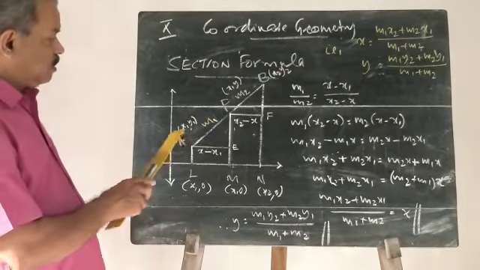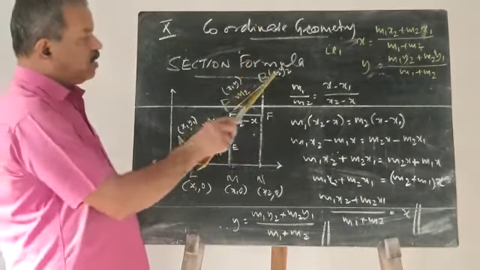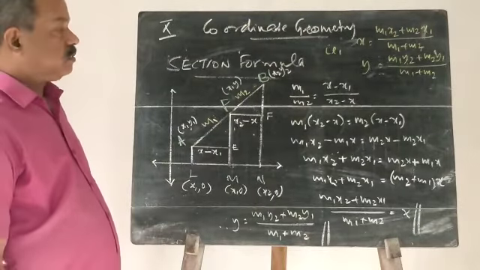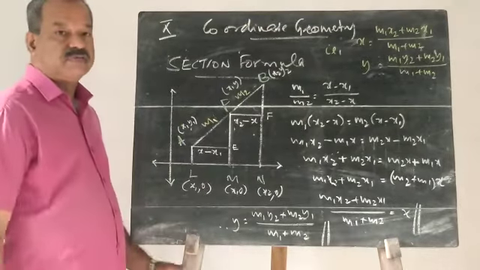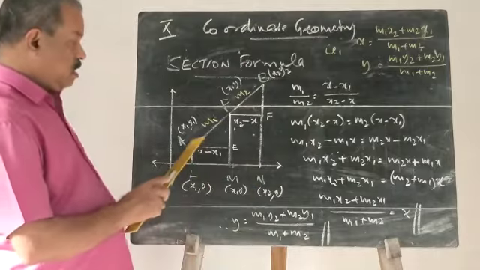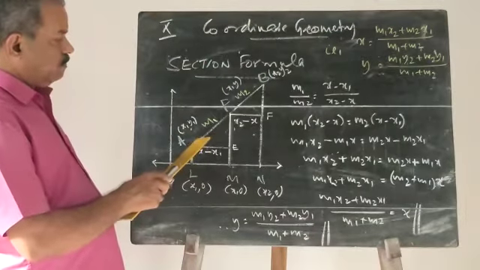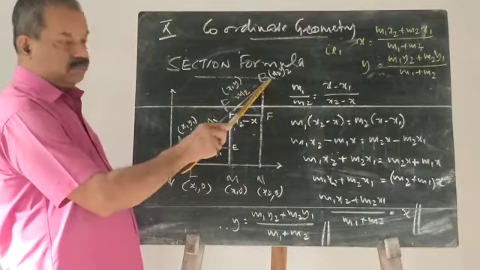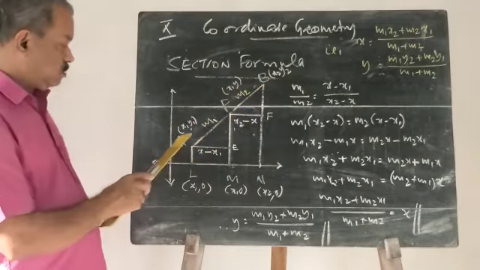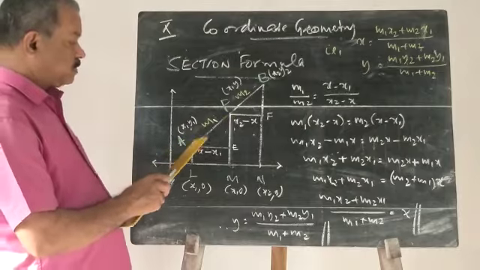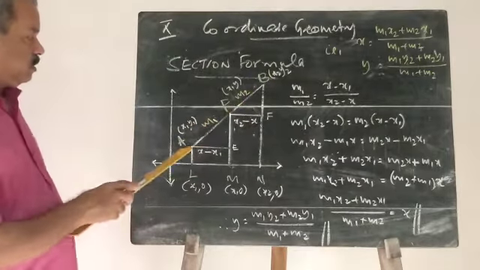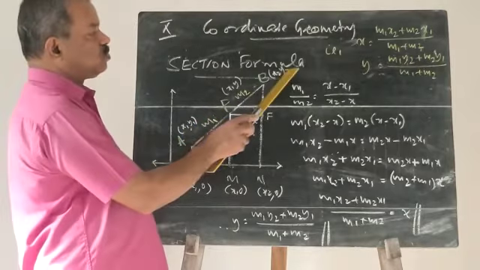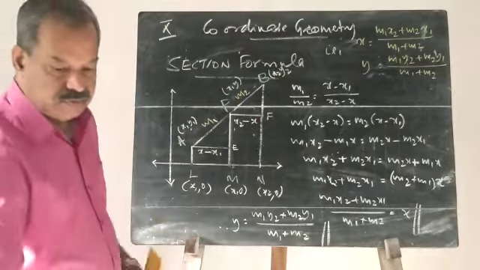In the distance formula we find the distance between A and B: AB is equal to the root of (x2 minus x1) the whole square plus (y1 minus y2) the whole square. Here we are going to find the section. Segment AB is the line joining A and B whose coordinates are (x1, y1) and (x2, y2).